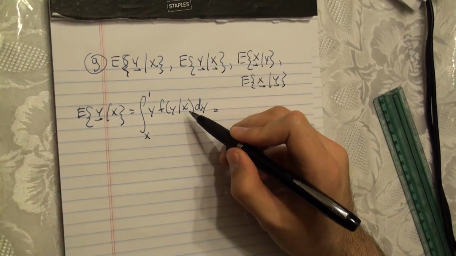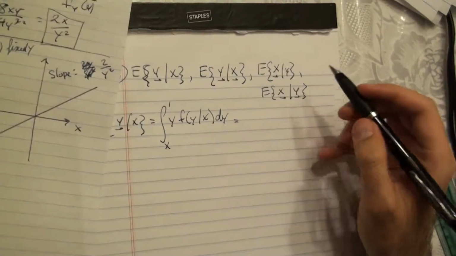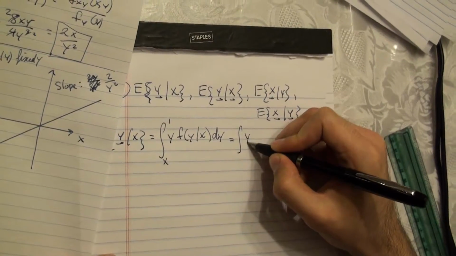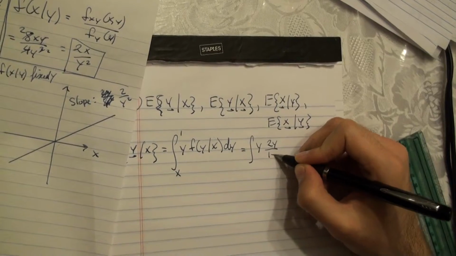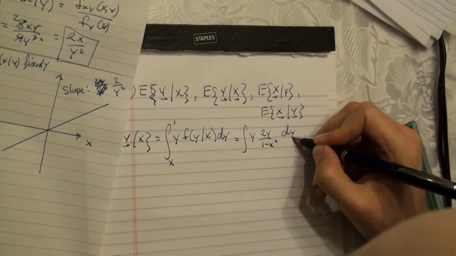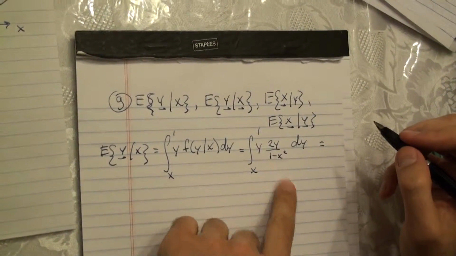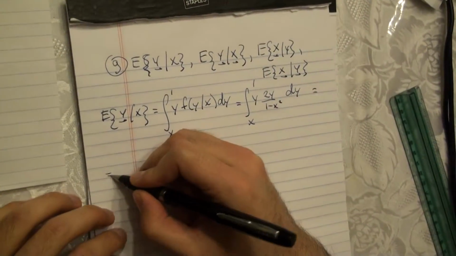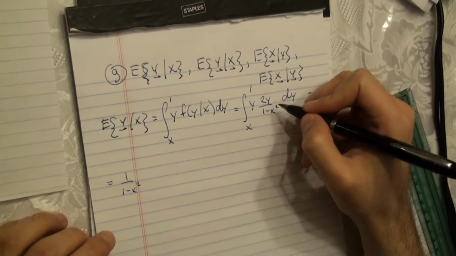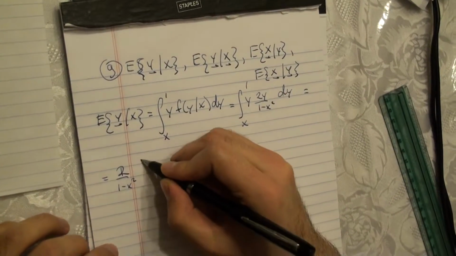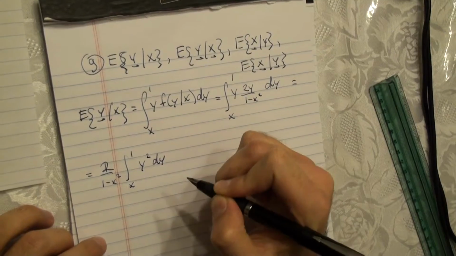What was f of y given x? Boom, we have it right here. So we have my integral of y times 2y over 1 minus x squared dy from x to 1. The 1 minus x squared, take it out because I'm not integrating with respect to x, so we don't care. 1 over 1 minus x squared. Also the 2 is a constant. So we're left with the integral from x to 1 of y squared dy.